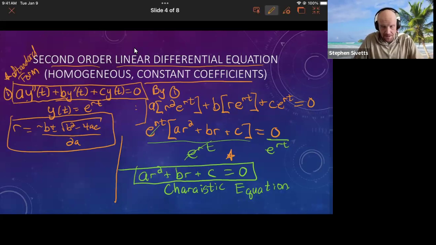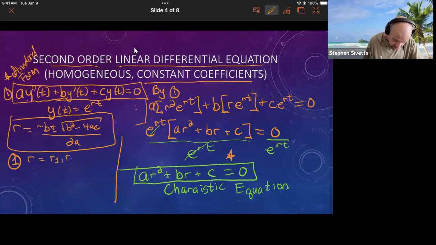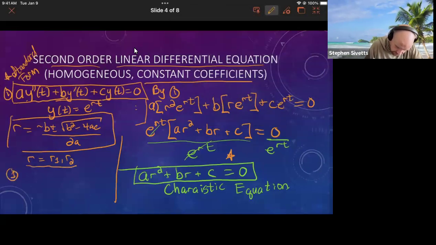So the cases that we want to examine: we're going to have 2 roots, R1 and R2. The first case is if R1 does not equal R2, they're distinct, and both R1 and R2 are real numbers.